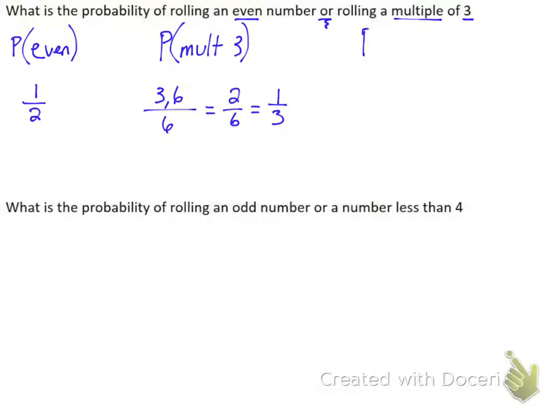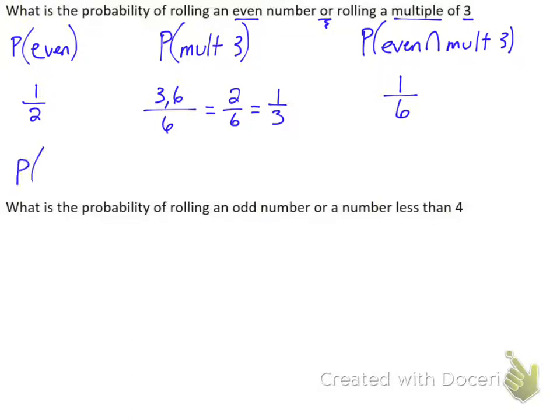And then I want to find the probability of both those happening at the same time, of an even number that is also a multiple of 3. And so the only number that is even and a multiple of 3 ends up being 6, and so there's one number that is even and multiple of 3, out of the 6.